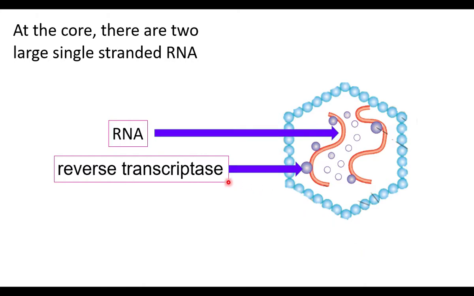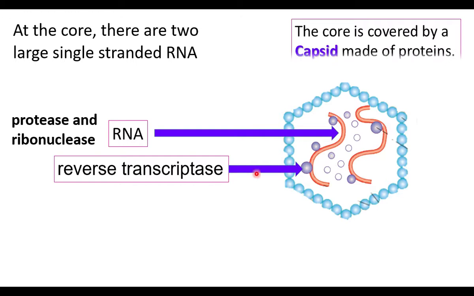With the help of the reverse transcriptase, the RNA is converted into DNA during infection. In addition to reverse transcriptase, the central core contains enzymes like protease and ribonuclease. The protease and ribonuclease enzymes can destroy the proteins and nucleic acids.